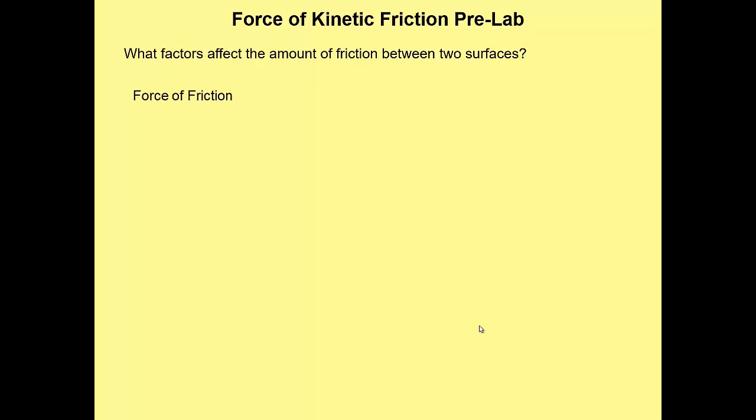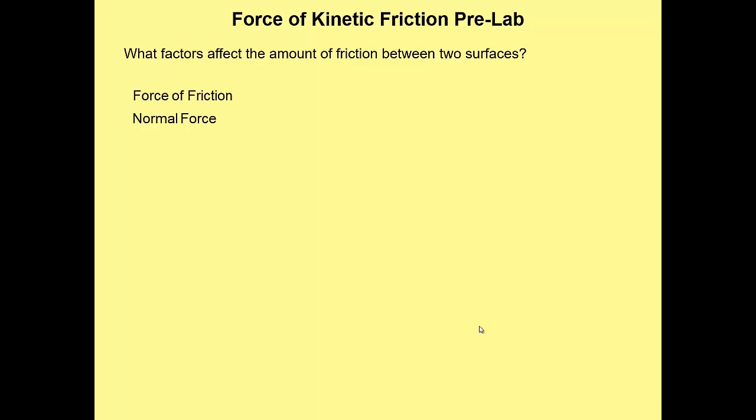Is there a force that we've used that's due to the interaction between the surface and the object? Sure. If it's sliding over a surface, that force is the support force, or the normal force. So we like to think of the force of friction as being dependent on the size of the normal force.